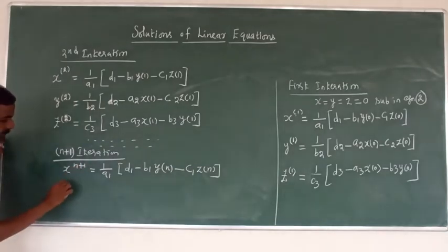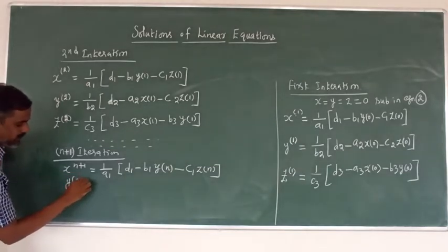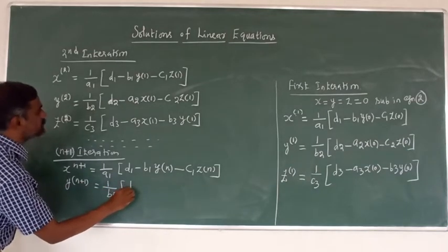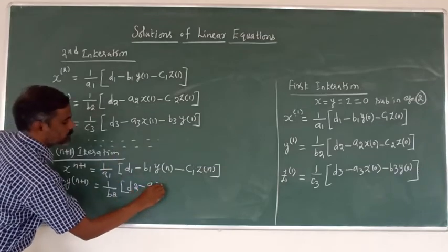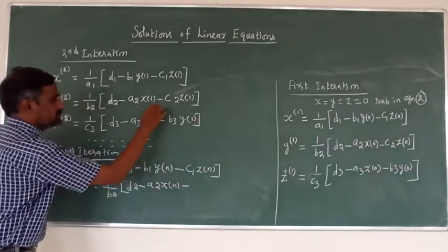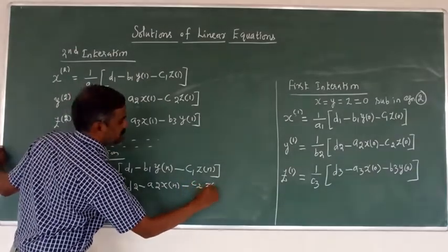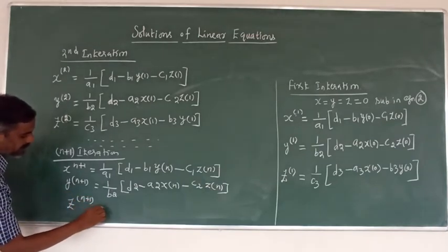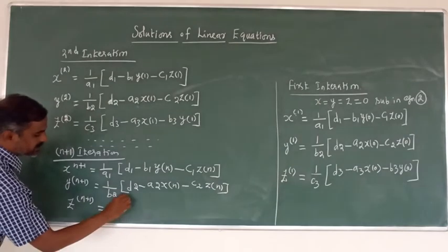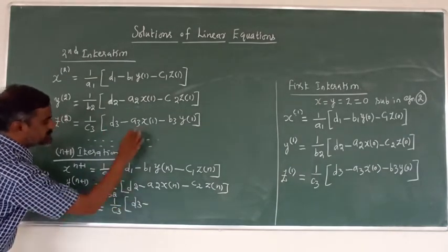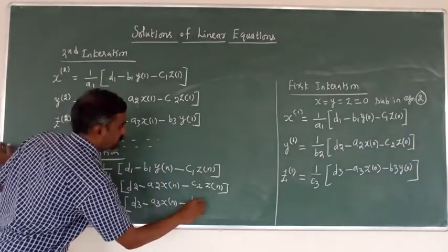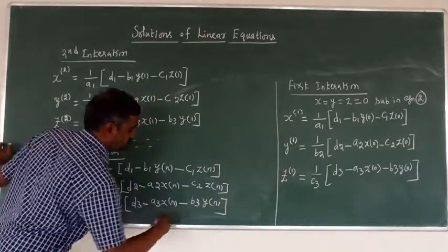Okay, next y(n+1) equals 1 divided by b2, within bracket d2 minus a2 xn minus c2 zn, and then the z(n+1) iteration equals 1 divided by c3, within bracket d3 minus a3 xn minus b3 yn.